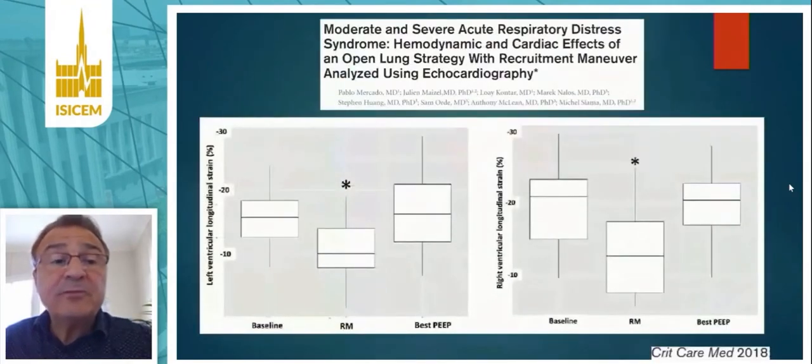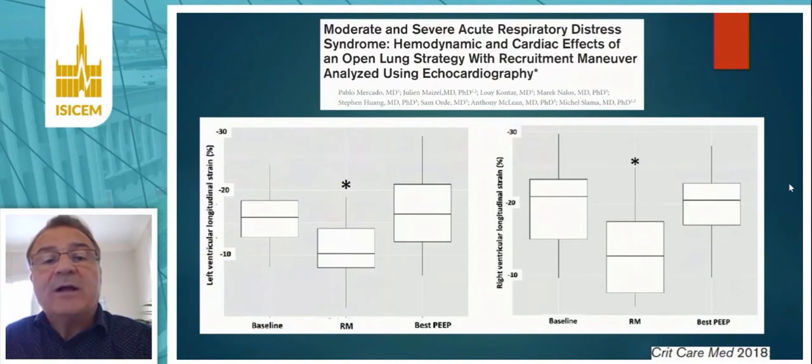But the recruitment maneuver not only depresses the systolic function of the right ventricle, but also depresses the systolic function of the left ventricle. On the left-hand side, you see that the left ventricular longitudinal strain is impaired during a recruitment maneuver.